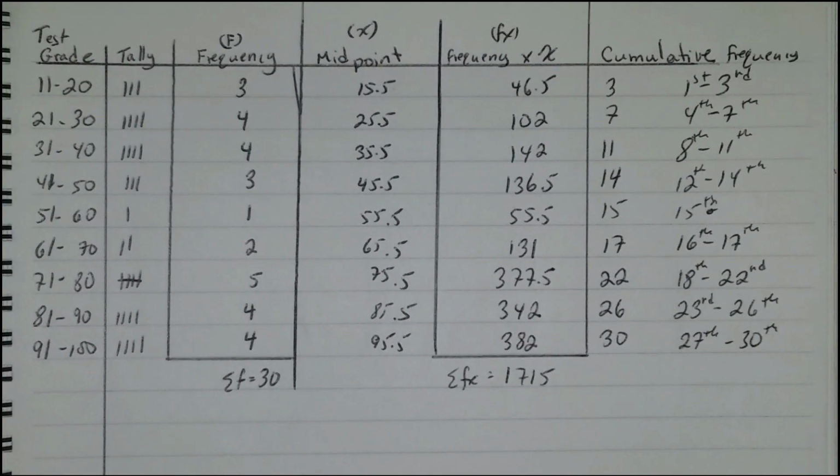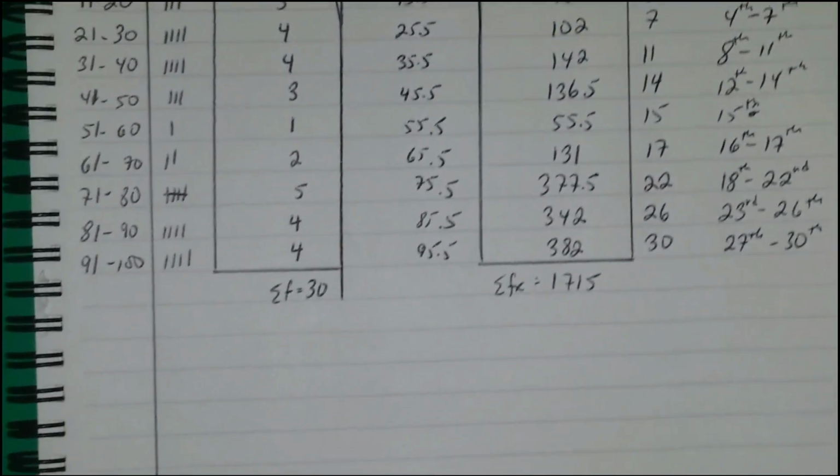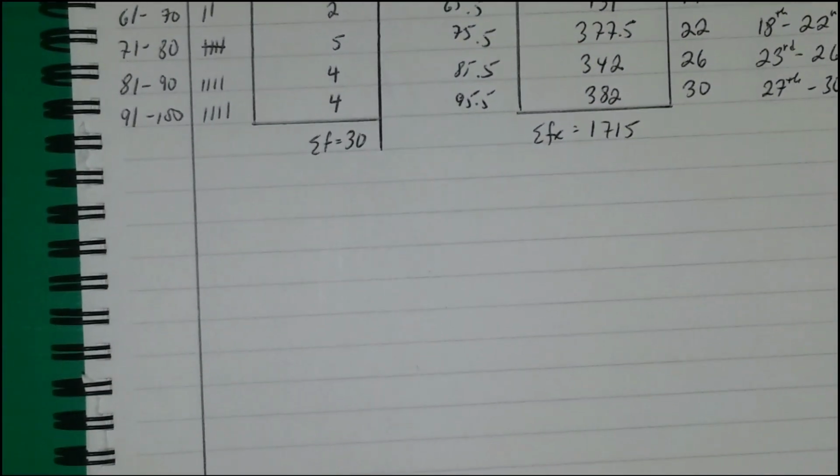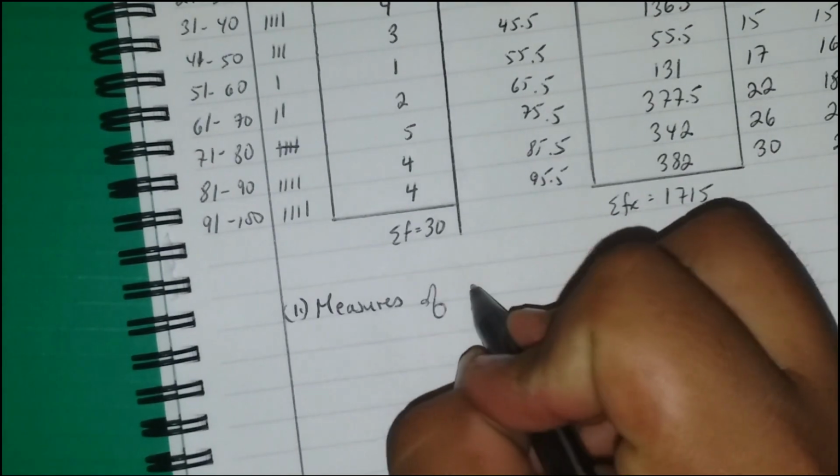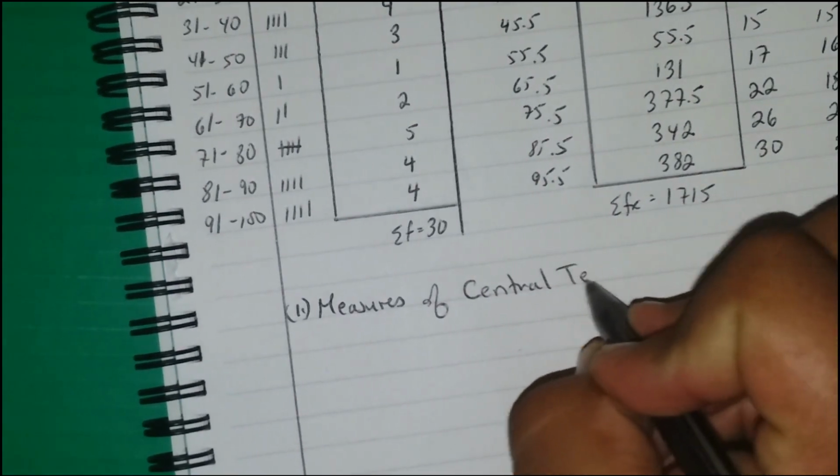What we want to do is take a look at the measures of central tendency, and then I'll show you more or less what you have to do. 1. Measures of central tendency.